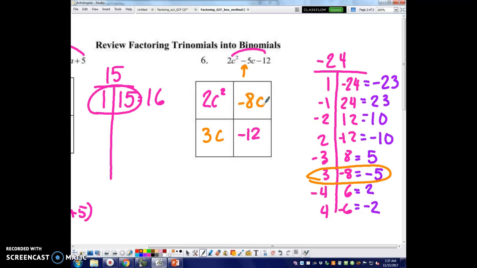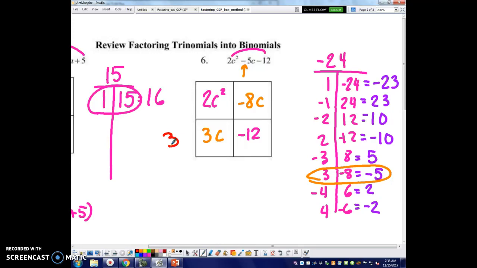Now from here, what's our next step? Yeah, figuring out the sides. So what can you divide both of these by? No, 3 can't be divided by 4. Look at your factor sheet. Yeah, you can divide them both by 3, so we can pull out a 3. Anything else?